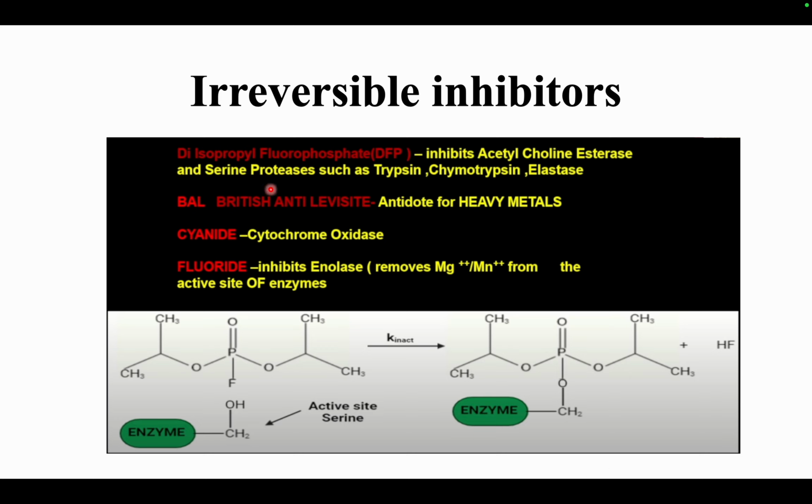So this DFP inhibitor inhibits different enzymes which have this functional group. One of the enzymes is acetylcholinesterase, and there are various enzymes commonly known as serine proteases, like trypsin and chymotrypsin.